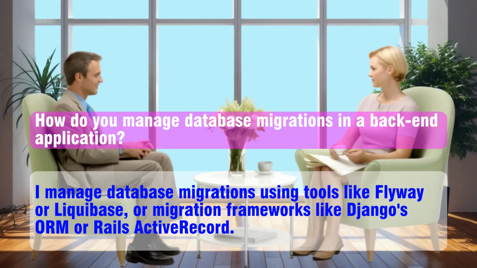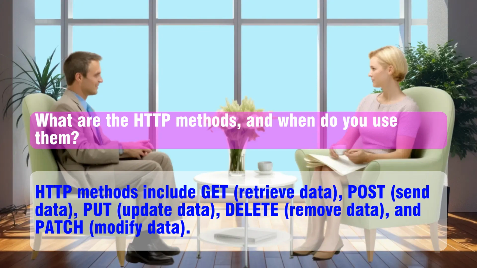How do you manage database migrations in a back-end application? I manage database migrations using tools like Flyway or Liquibase, or migration frameworks like Django's ORM or Rails Active Record. What are the HTTP methods, and when do you use them?